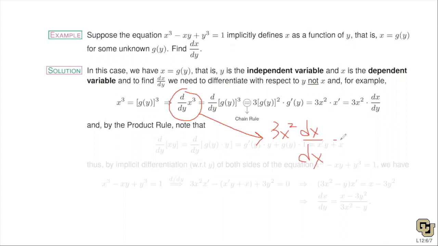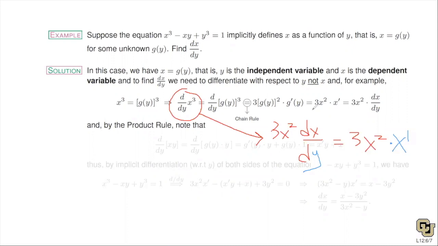Then we say, oh well, dx dx is just 1, so the derivative with respect to x is just 3x squared. If I'm doing the derivative with respect to y, it's basically the same thing. First, the derivative of the outside is 3x squared. Then the derivative of the inside will be not dx dx now, because I'm doing the derivative with respect to y. Instead, it'll be dx dy. And so my final answer will be 3x squared times dx dy, which isn't equal to 1. So here, I still need to write down either x prime or dx dy.